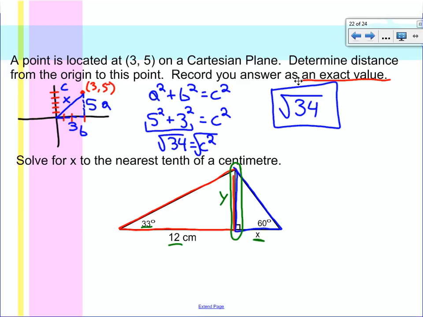There's my hypotenuse. You write out Sohcahtoa. You realize you have to use the tangent ratio. So tan of 33 equals opposite over adjacent. You have to multiply, so it's going to be 12 times tan of 33. And you get that y equals 7.793.